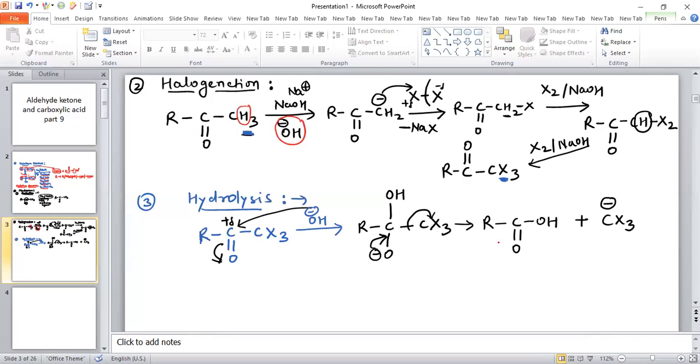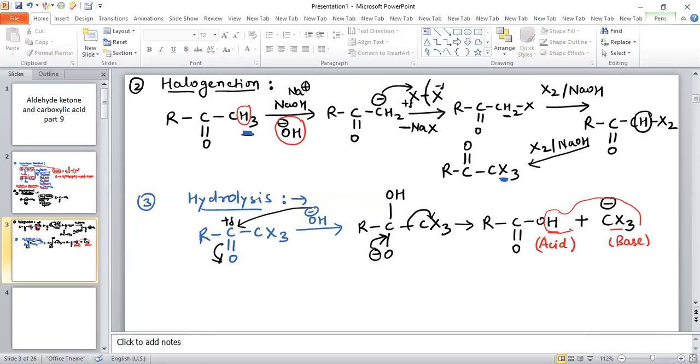Now see what happens. Because this is acidic hydrogen, you can name this as acid. And there is a negative charge on this, so this will behave as base. So an acid base reaction will take place. This acidic hydrogen will be added onto this group.